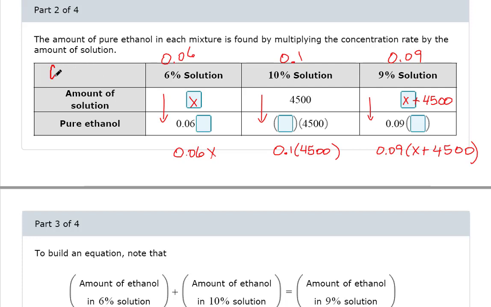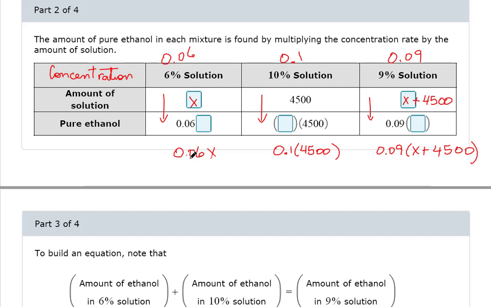So that's our concentration. The amount was x, 4,500, and x plus 4,500.